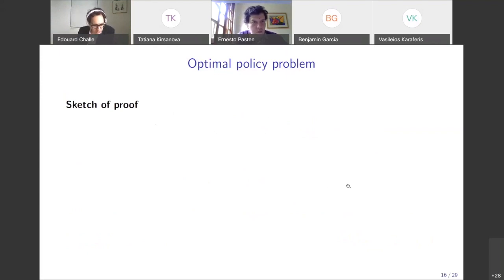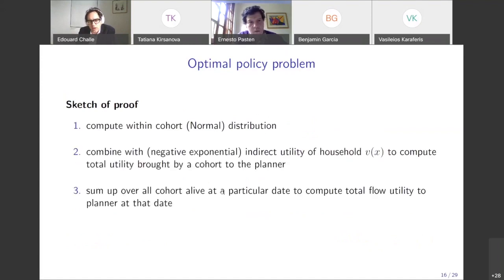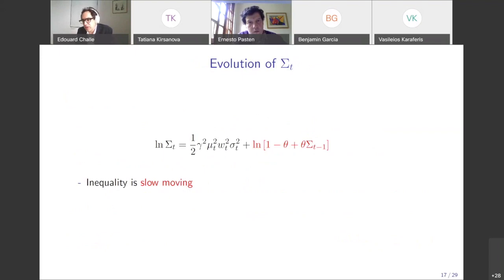I'll spare you the sketch of proof for lack of time, but essentially we're using the fact that we can characterize, as I said before, the distribution of agents at every point in time, so the variance within and across generations.